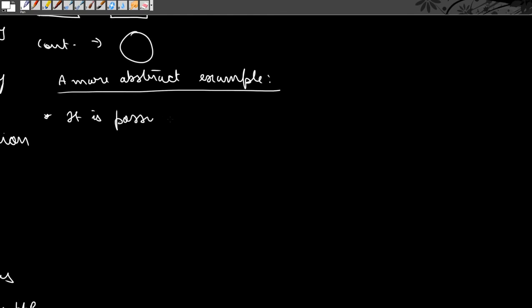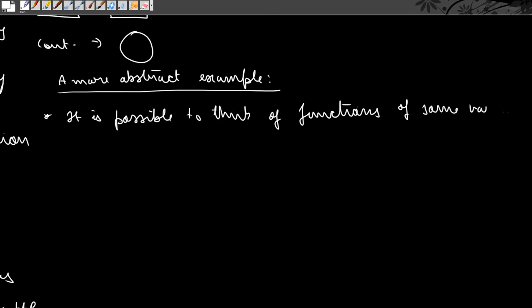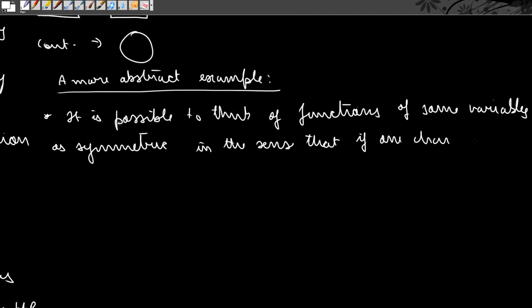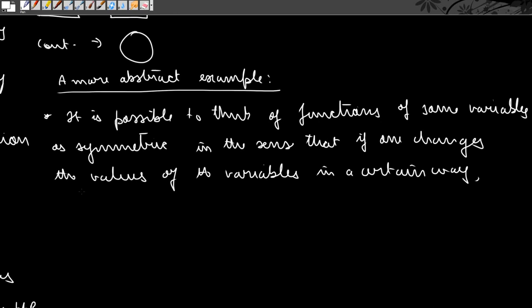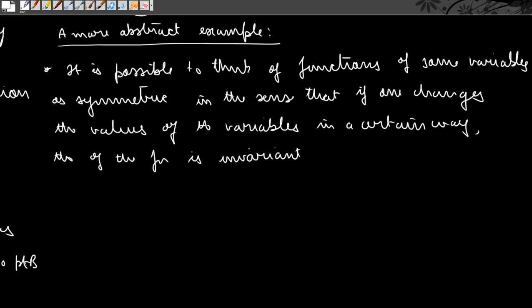It is possible to think of functions of some variables as symmetric in the sense that if one changes the values of the variables in a certain way, the value of the function is invariant. Okay, so let us understand this statement with an example.